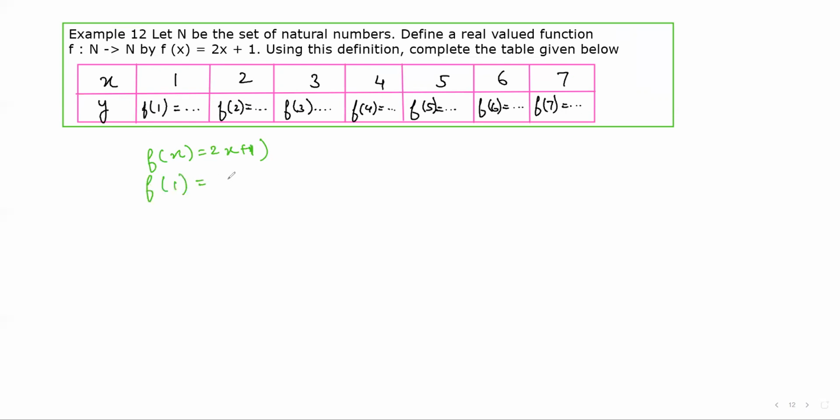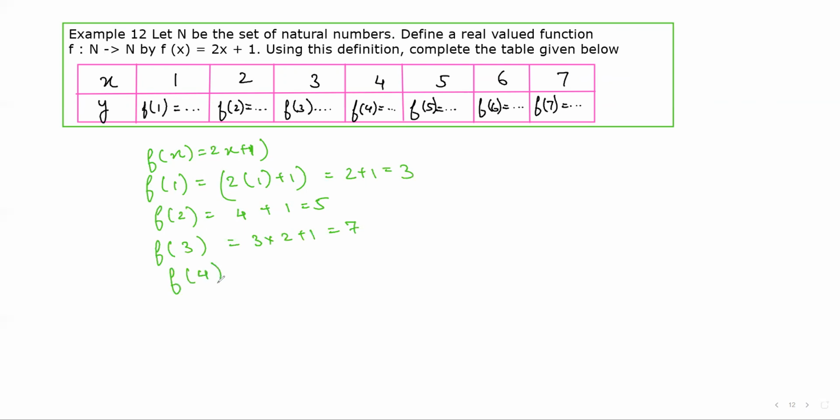f of 1 is equal to 2 into 1 plus 1. That means in place of x, you have to write 1, which is equal to 2 plus 1, which is equal to 3. f of 2 is equal to 4 plus 1, which is 5. f of 3 is equal to 3 into 2 plus 1, 7. f of 4 will be equal to 8 plus 1, 9. f of 5 will be equal to 10 plus 1, 11. f of 6 will be equal to 13. f of 7 will be equal to 15.